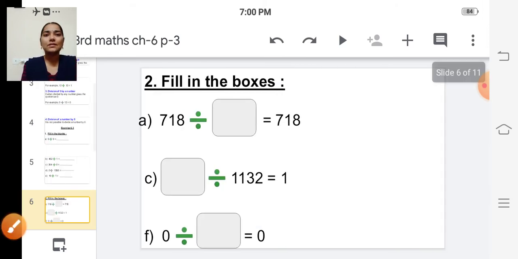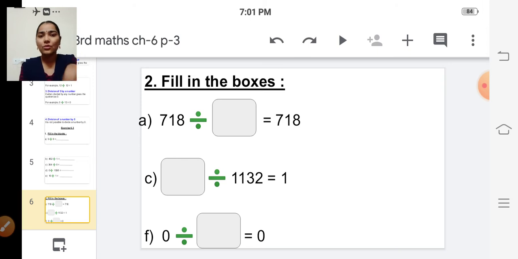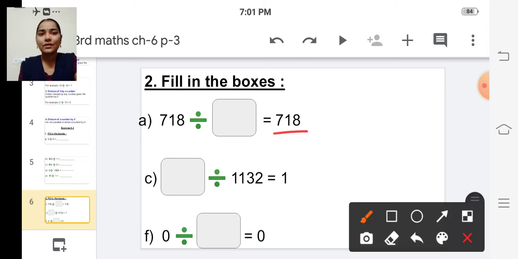The next one, second question. Fill in the boxes. So, using those properties, we are going to fill in the boxes. See the first one, 718 divided by dash is equal to 718. So the answer is the number itself, isn't it?